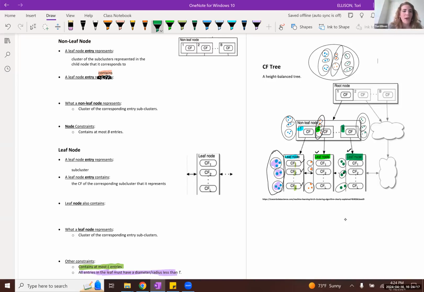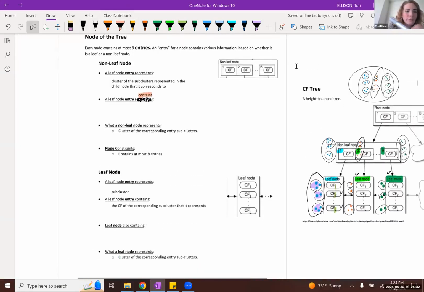And what a non-leaf node entry contains is very much the same as what a leaf node entry contains. No, my apologies, that should say non-leaf node here.